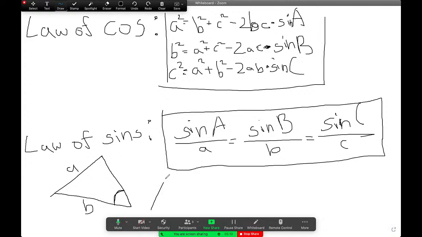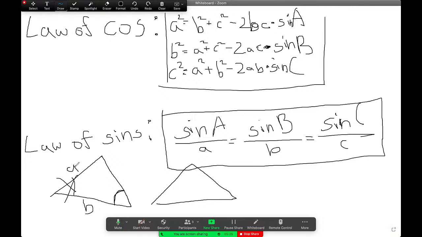But if they give you a triangle that looks like this, I mean, these side names don't have to be the same, but the principle is the same. If they give you something like this, where the angle is not here, so it should not be here, so this is bad.